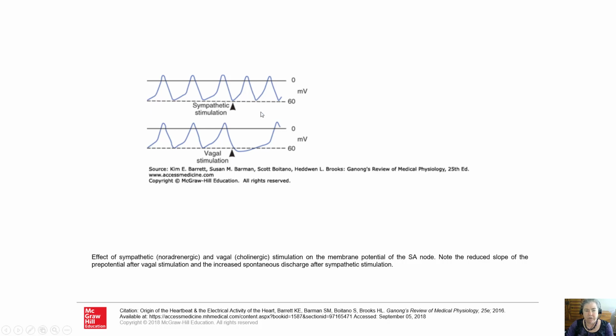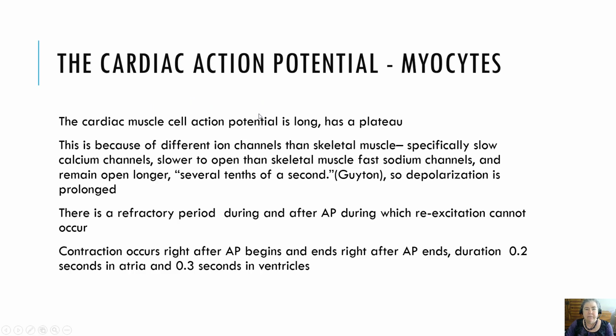Now, the action potentials in cardiac myocytes are a little bit different, and they are quite different from the action potentials of neurons. It is a long action potential with a plateau, and again, that has to do with the fact that we have different ion channels.